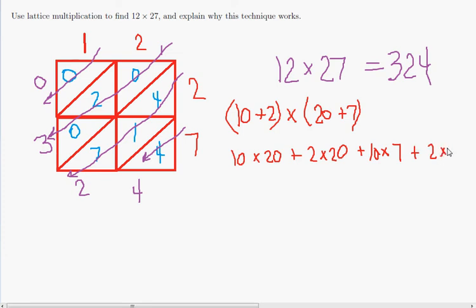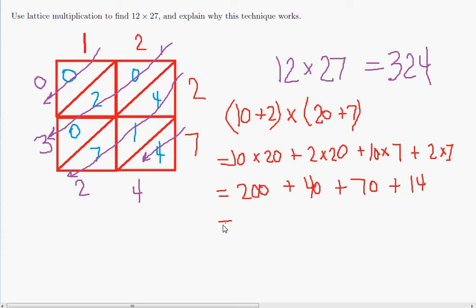Just using the distributive property to multiply that out. Okay, and so doing this, we get that this is 200 plus 40 plus 20 plus 70 plus 14.